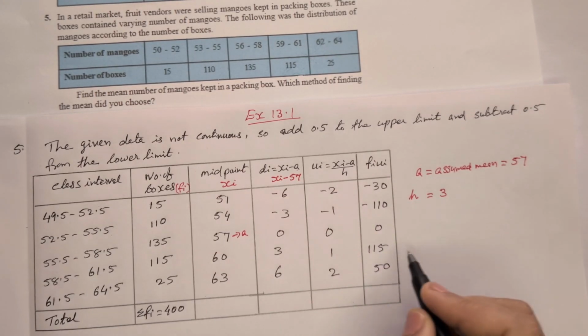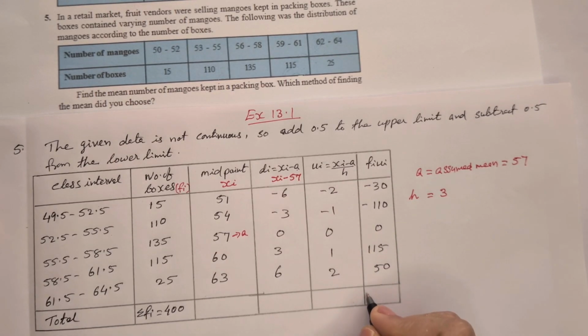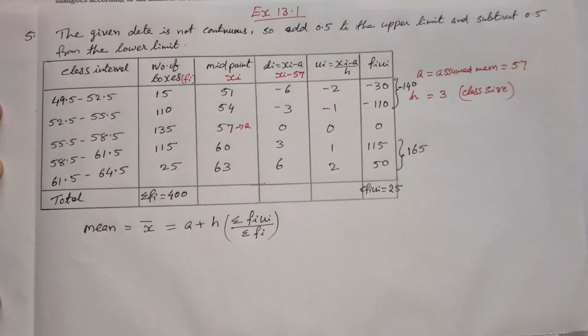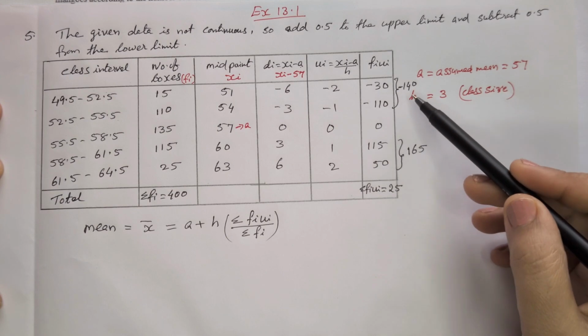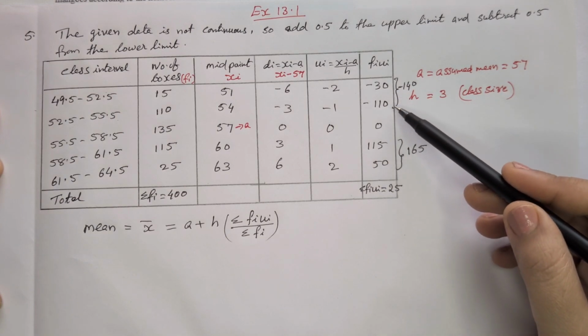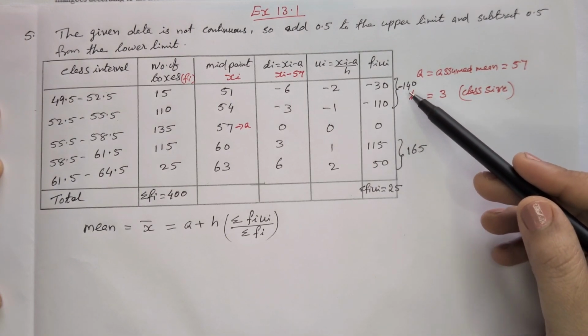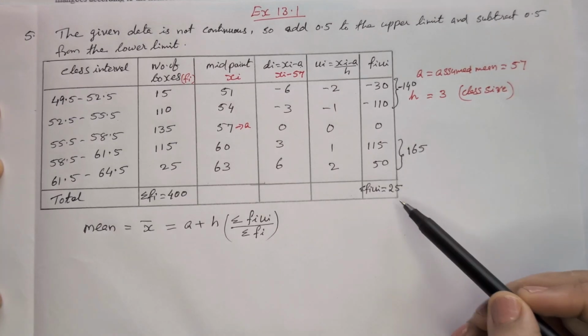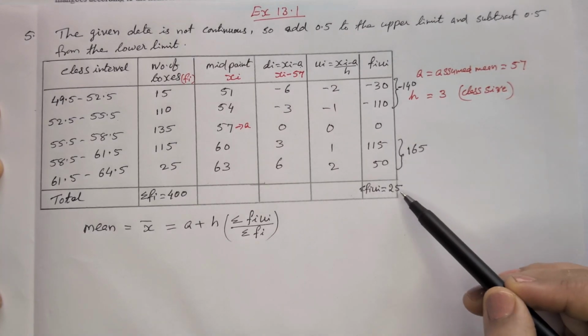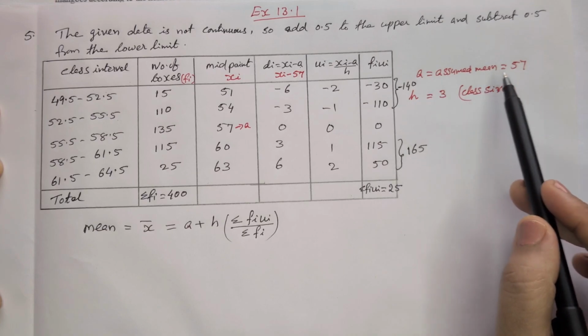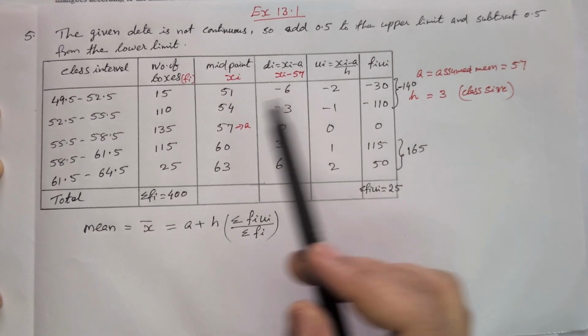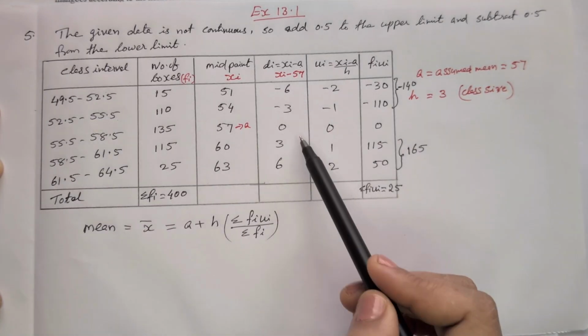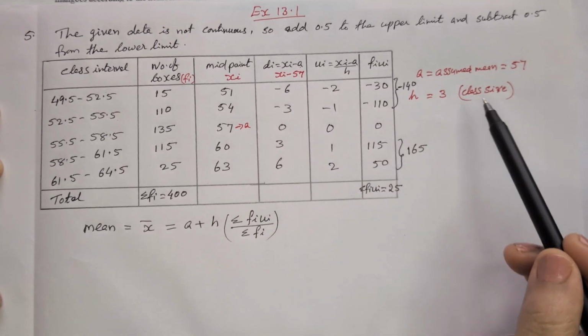Then add the negative numbers and positive numbers, find the difference. Sigma fi ui. So when we are adding the negative numbers, here minus 30 plus minus 110, that is minus 140. Here 165, difference of these two, that is 25. The bigger number is positive. A means the assumed mean, h means the class size. That is coming here also, reflecting here also.